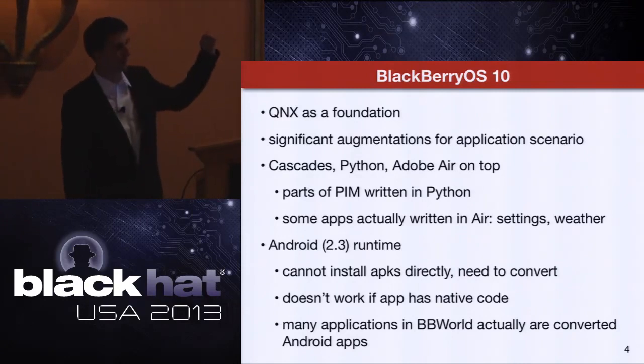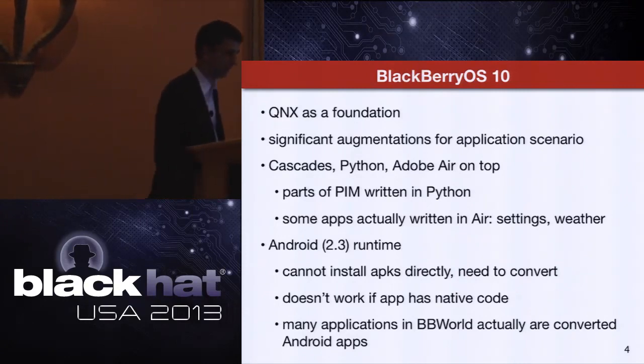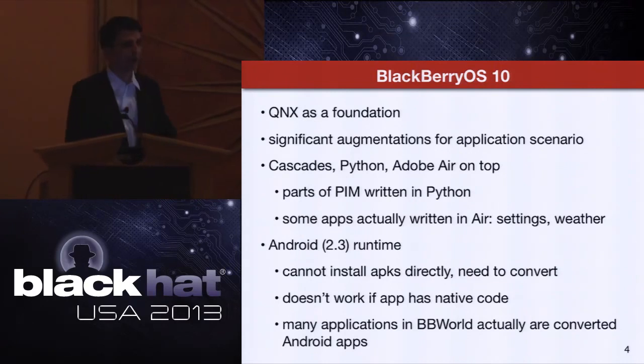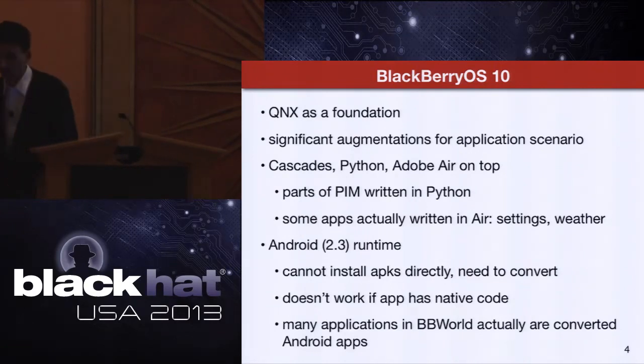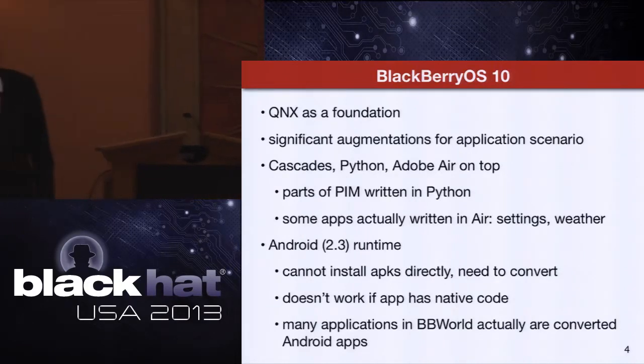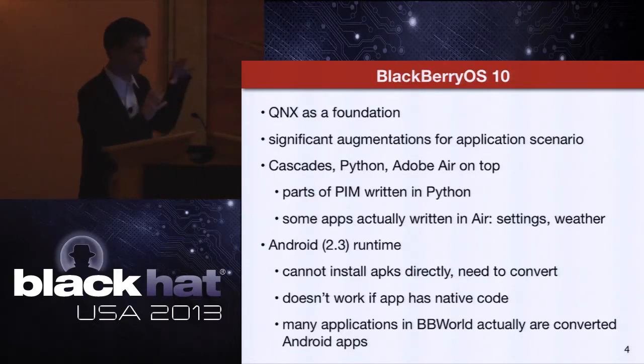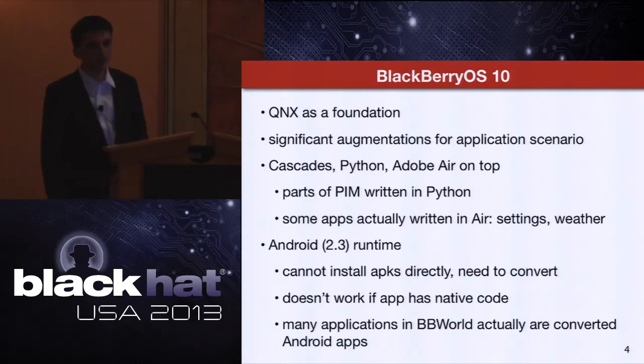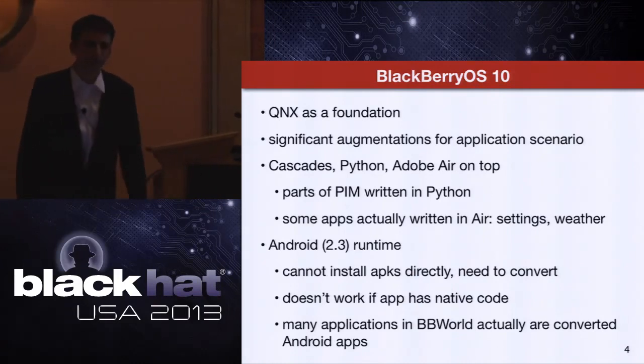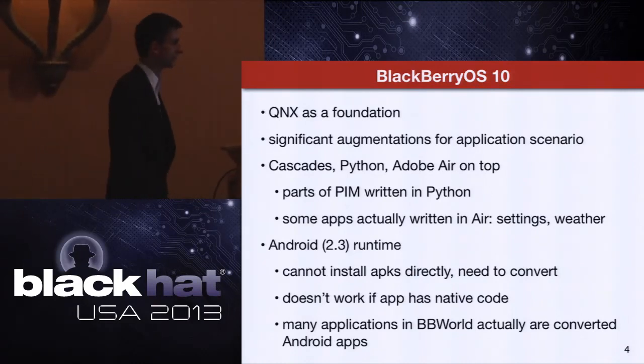Now, for the smartphone environment, there's some significant augmentations to QNX. And on top of the kernel and the user land, you have a very weird mix of things running.